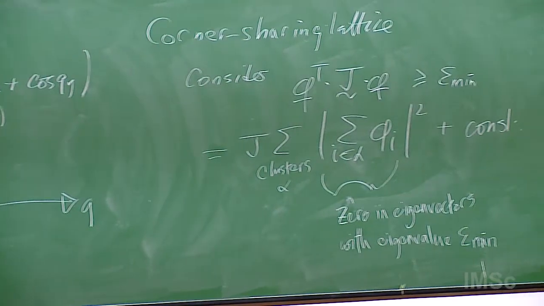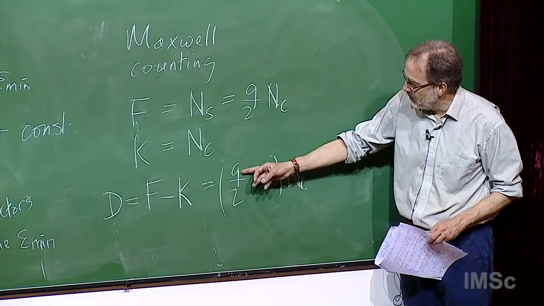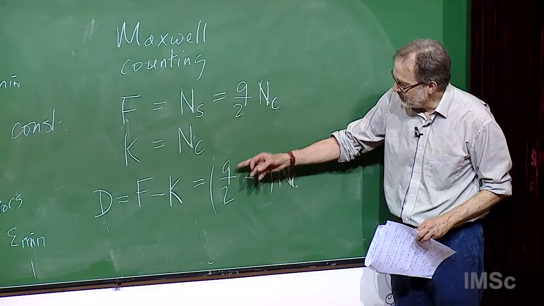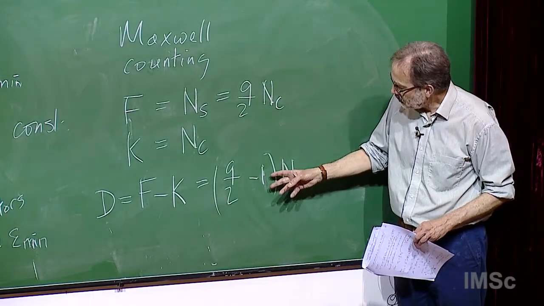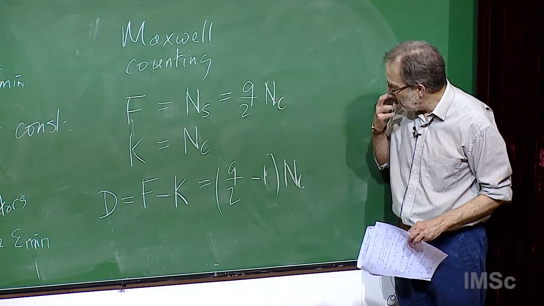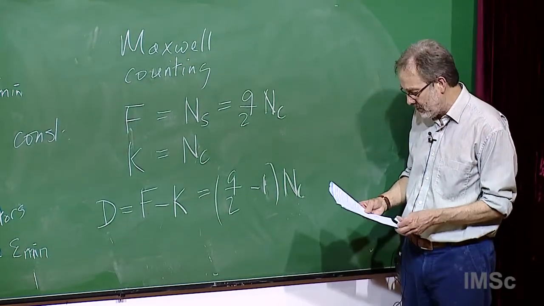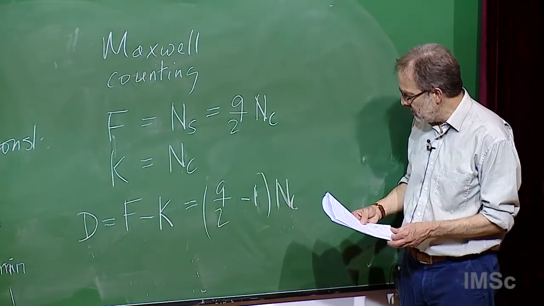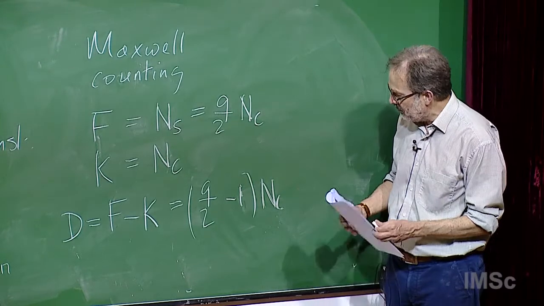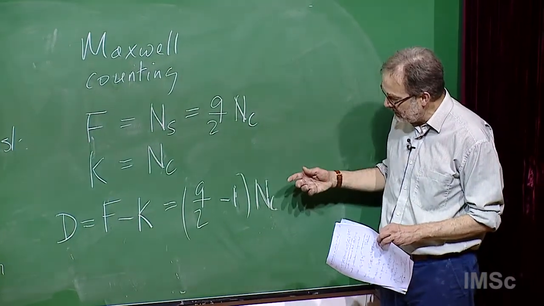And what we learned from this calculation is that if we put q equal to 3 in here, we get 1/2 times the number of clusters. So the number of spins is 3/2 times the number of clusters.